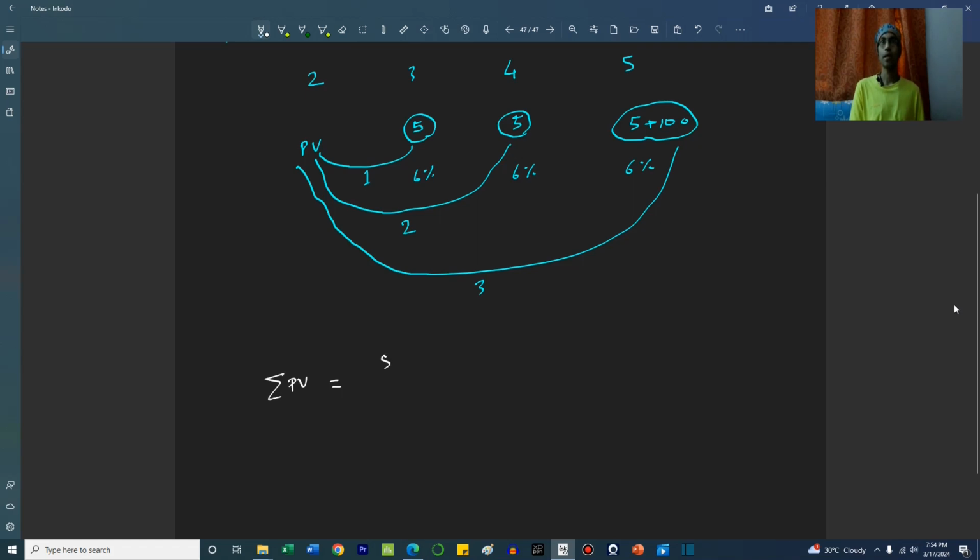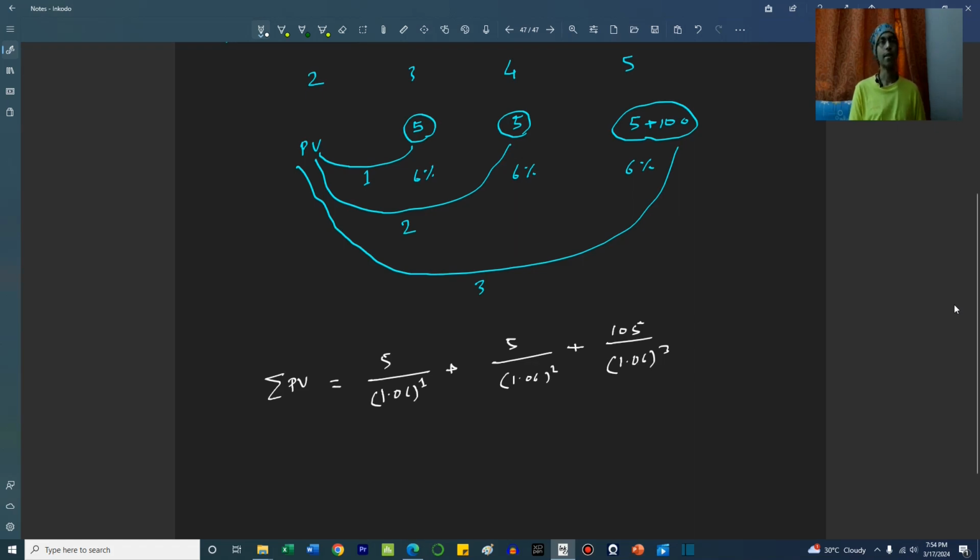This will be 5 divided by discount rate to the power the maturity, that is 1 period. Here there are 2 steps to be taken, so 1.06 to the power 2 plus 105 divided by 1.06 to the power 3.